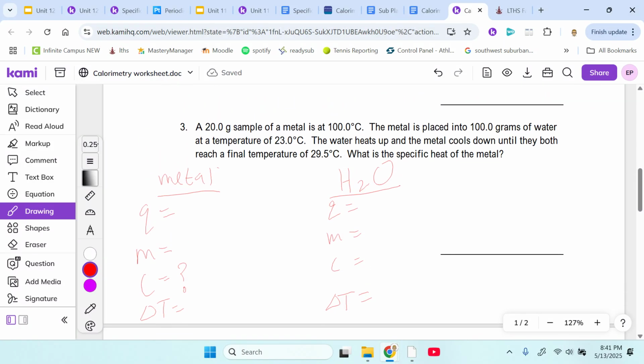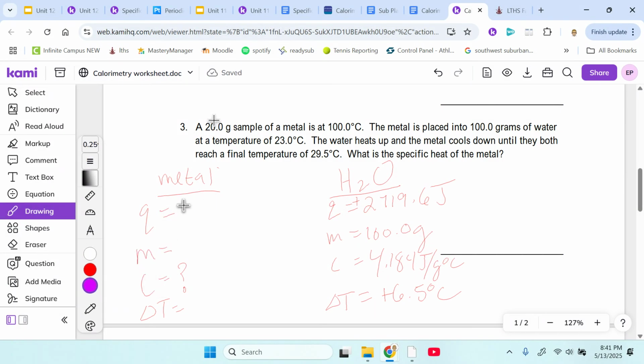The mass of the water is 100.0 grams, 4.184 joules per gram degree Celsius. The temperature change of the water in this case is 6.5 positive degrees. Now we multiply it out. And I got 2,719.6 joules positive.